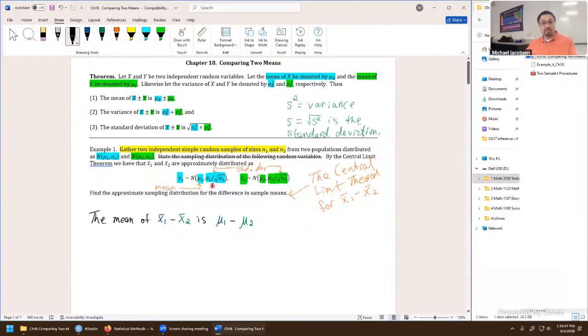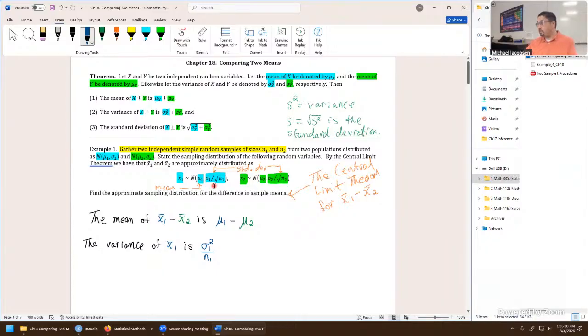That's a standard deviation. So if we want to go up to the variance, we have to take an equation like this, square both sides, then you get s squared. So let's say the variance of x bar 1 is, go here and just square exactly what you see. If you square that, you're going to get sigma 1 squared over n1.